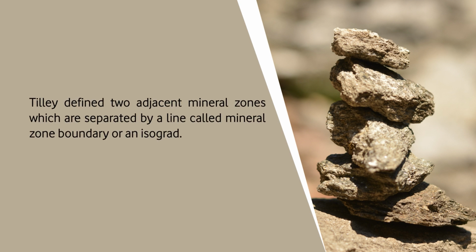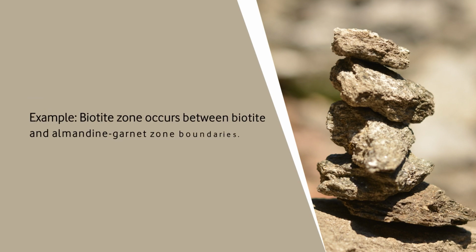Tilley defined two adjacent mineral zones which are separated by a line called a mineral zone boundary or an isograd. Example, the biotite zone occurs between the biotite and almandine garnet zone boundaries.